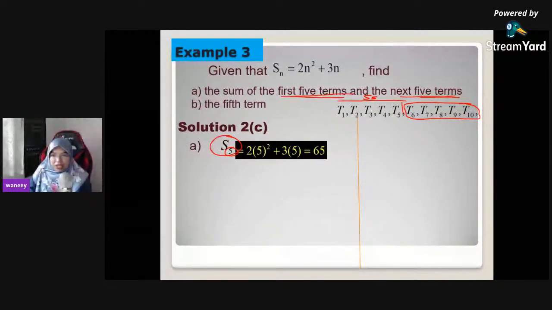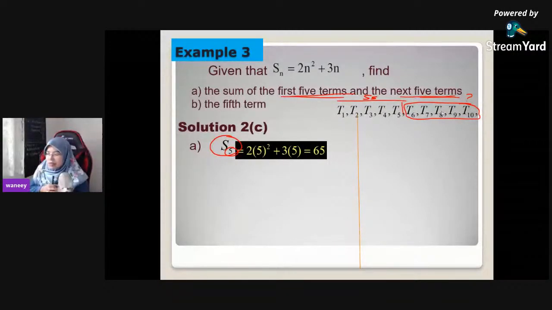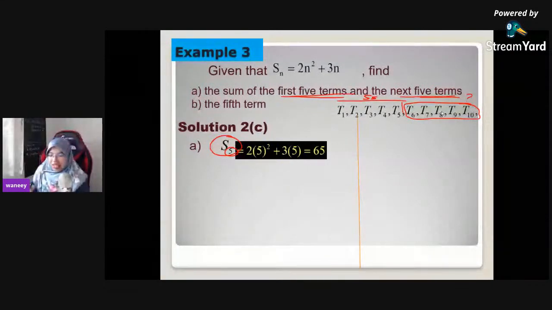That is what we mean by the next 5 terms. So when we add T6 plus T7 up to T10, the next 5 terms is S10 minus S5. Yes, correct, because we want T6 plus T7 plus T8 plus T9 plus T10. It is difficult to explain but in the working it is easy.